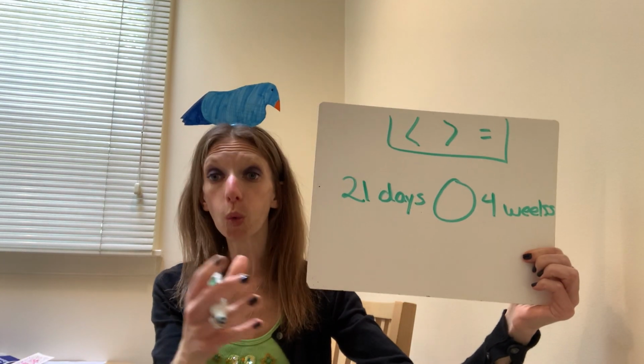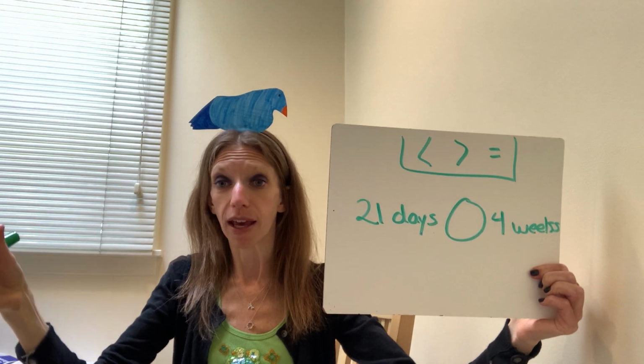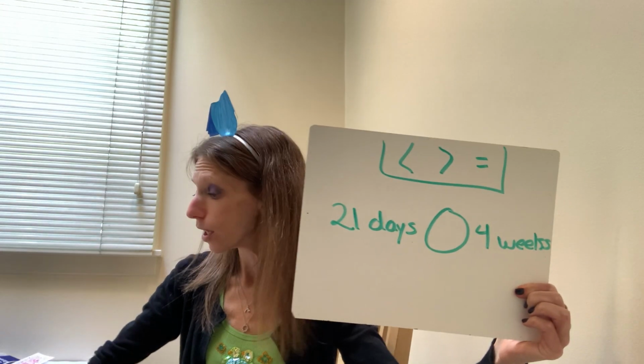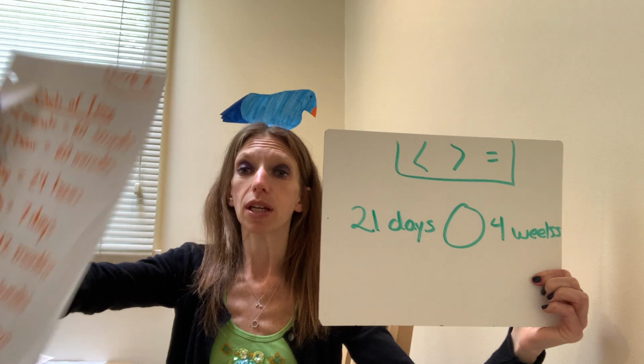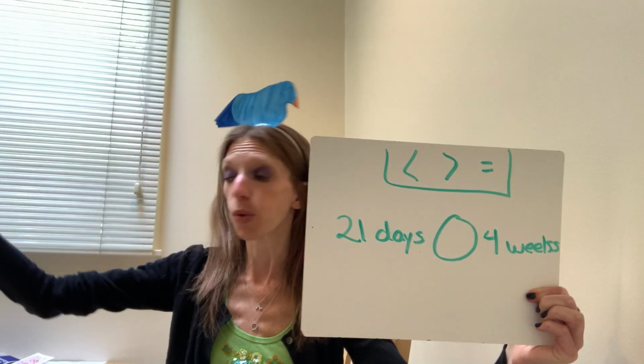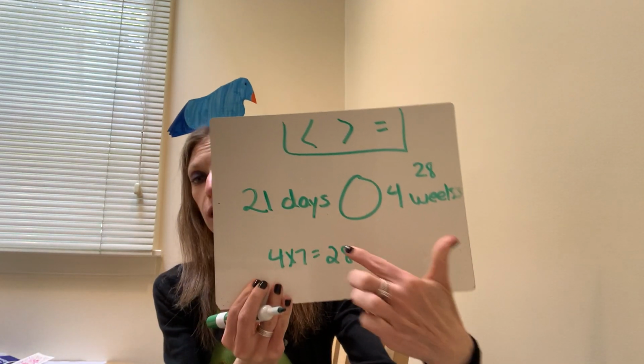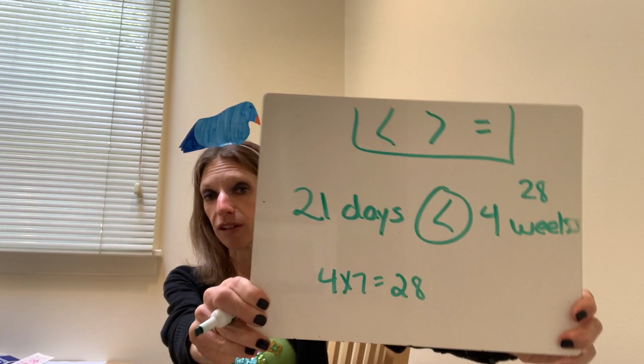Okay, well, I know a week is a bigger unit of time than a day because a week is longer than a day. So 1 week equals 7 days. So we have to do 4 times 7. So 4 times 7 equals 28. So that's 28 days. So that means 21 days is less than 4 weeks. So that means Pac-Man's going to eat the bigger number.